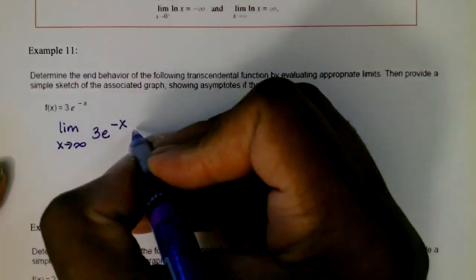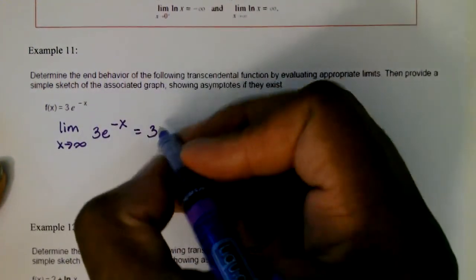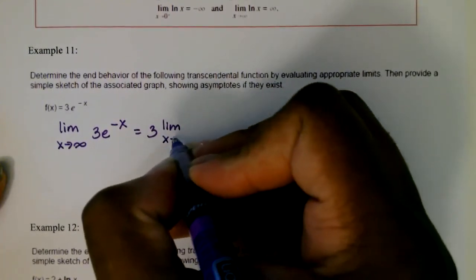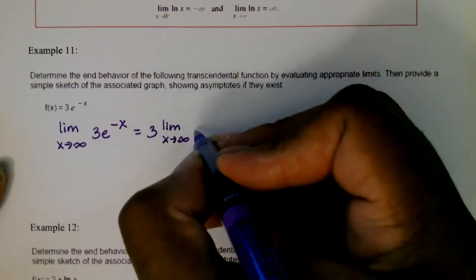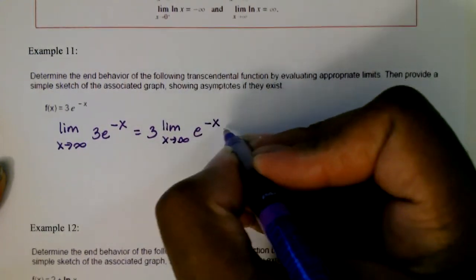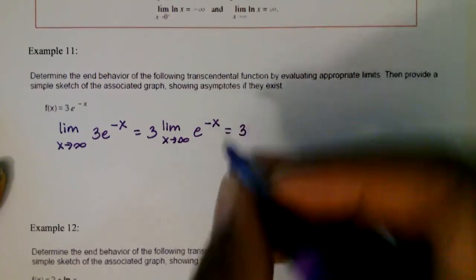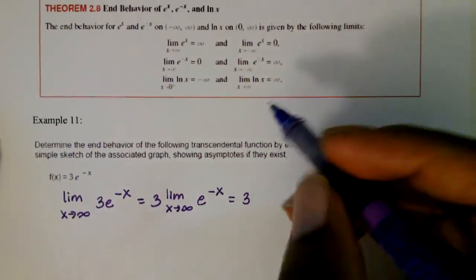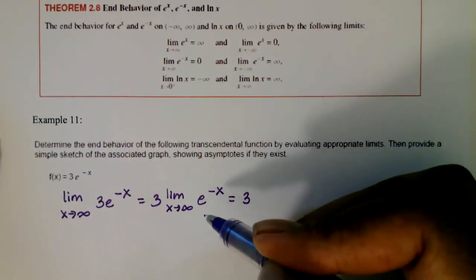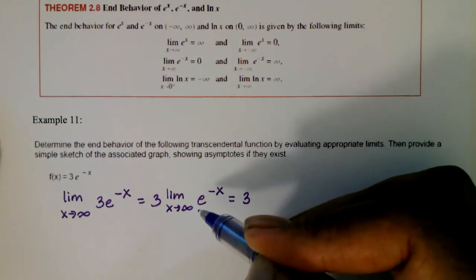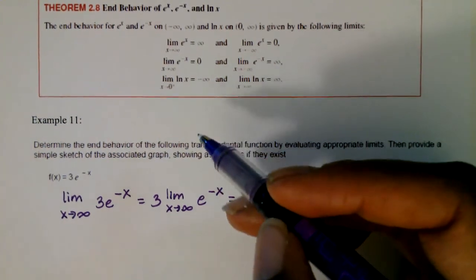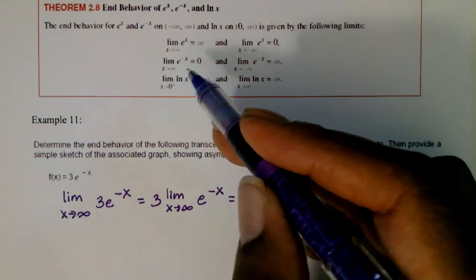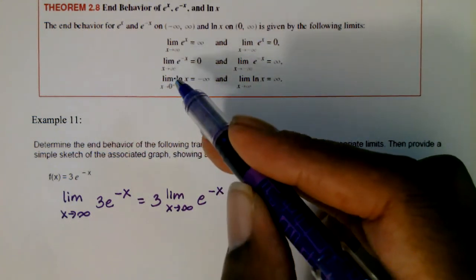Well, let's pull the 3 out in front using the constant multiple rule. So it'll be 3 times the limit as x approaches infinity of e to the negative x. I'm going to pull this down to show you, when we let x approach infinity, e to the negative x, here it is right here.